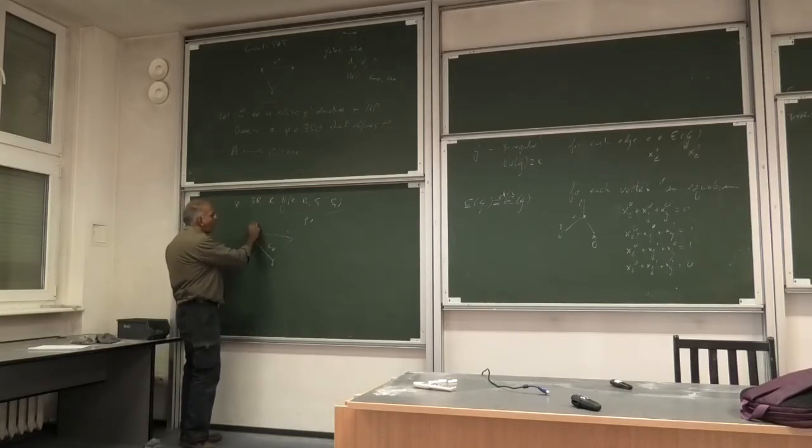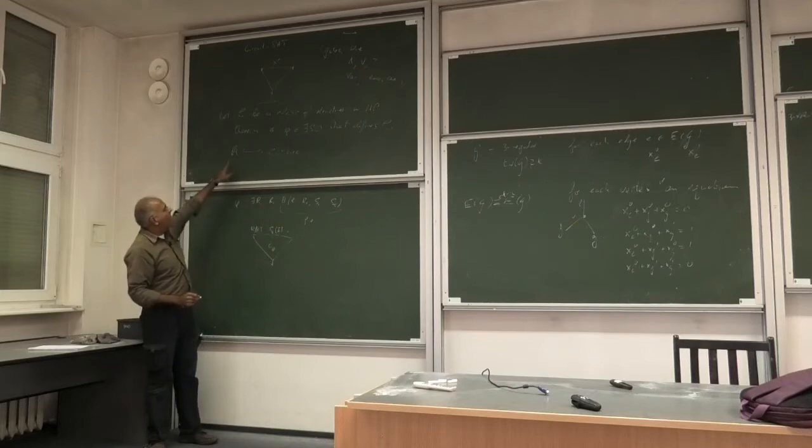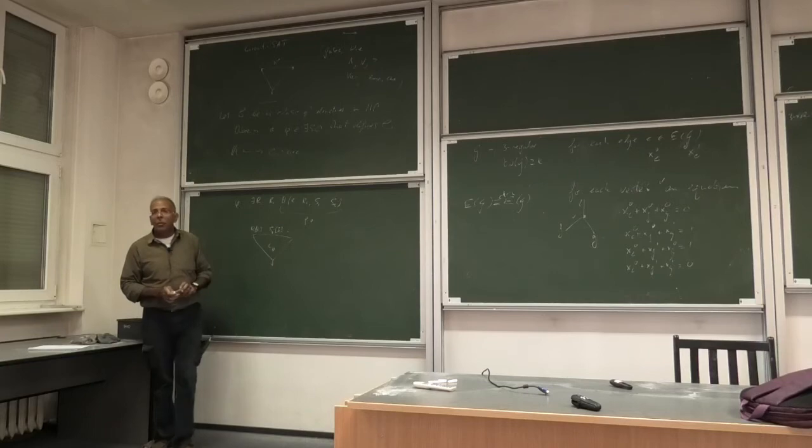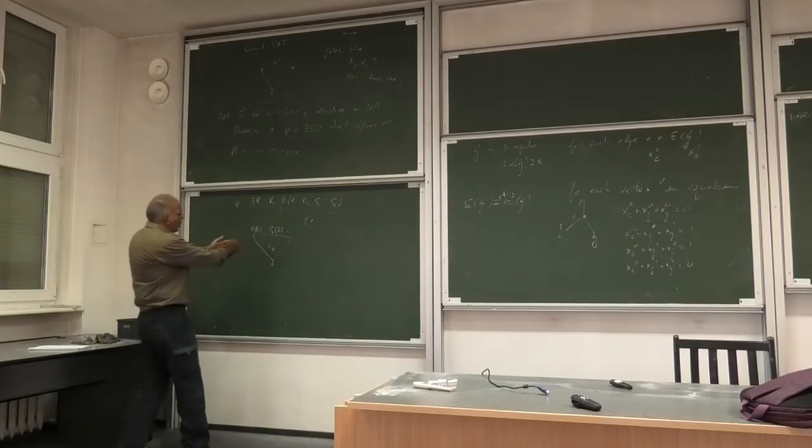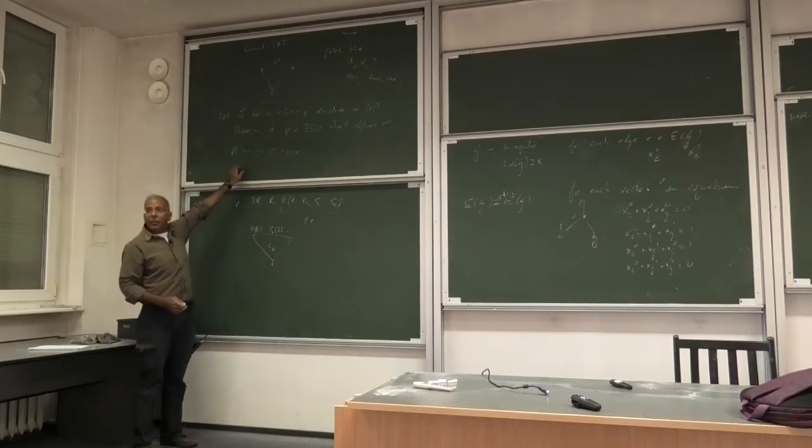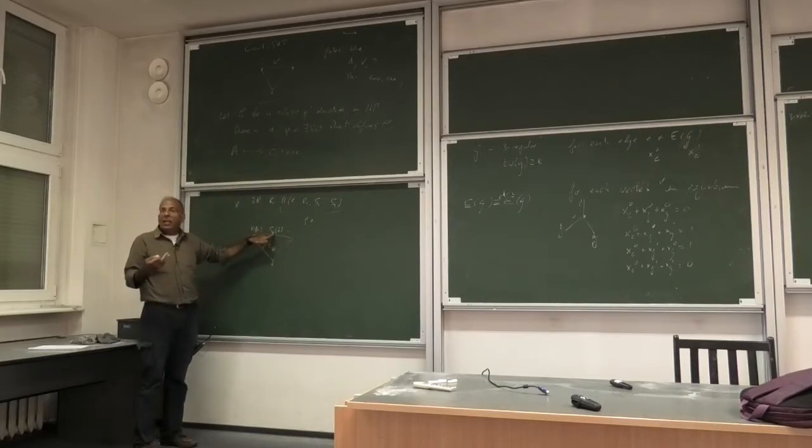Well, they're all atomic facts of the form R_i of a-bar, or S_j of b-bar, right? Where a-bar and b-bar are tuples of elements of A. So this circuit I can produce just from the size of the structure A. Now, I take the structure A, and that tells me for all of these S's whether they're true or false.